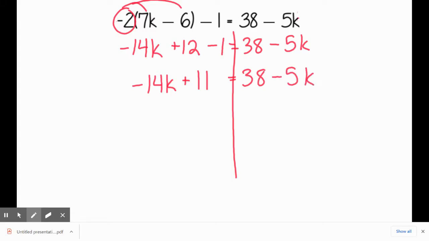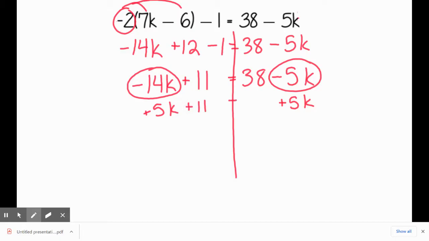So here, I need to combine my negative 14k and my negative 5k. So to do that, I'm actually going to add 5k to both sides. Plus 5k, plus 5k, plus 11 equals 38. Those canceled.